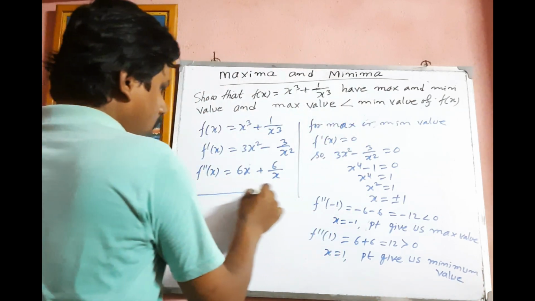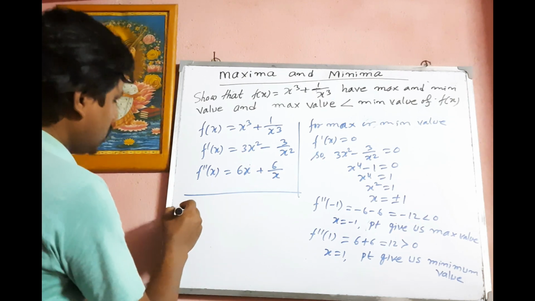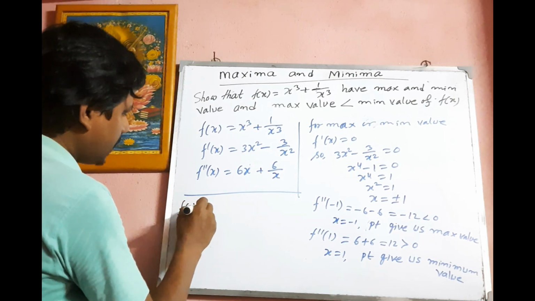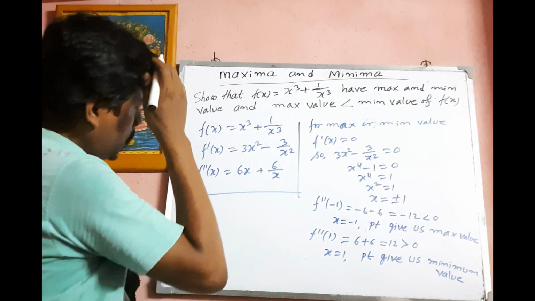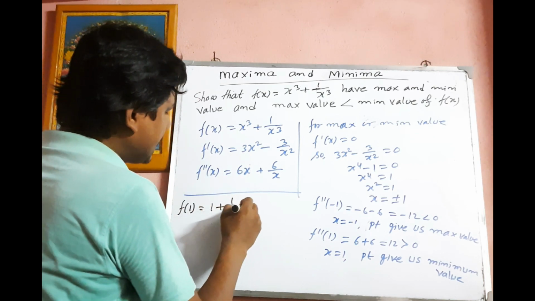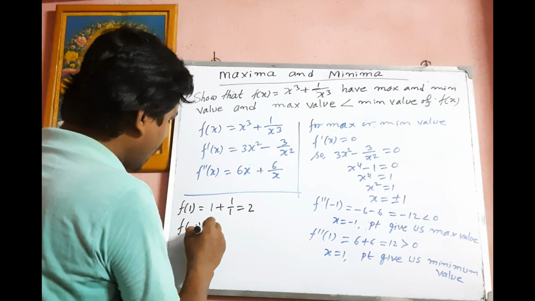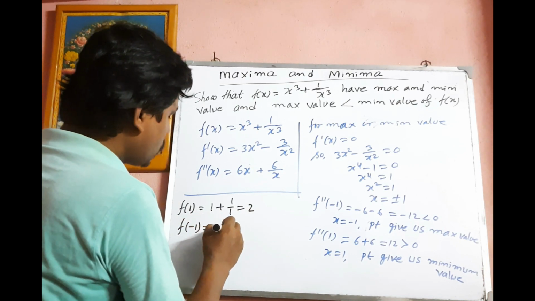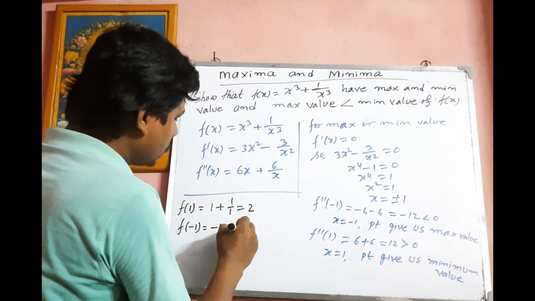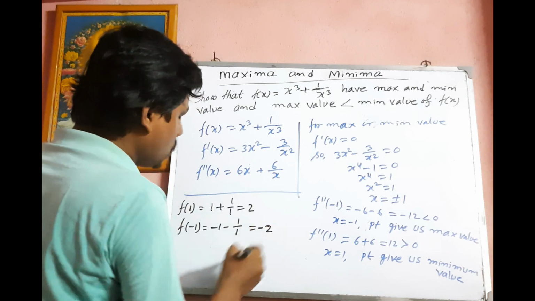Now if we find the max or mean value, then f of 1 is equal to 1 by 1, that is 2, and f of minus 1 is minus 1 plus 1 by minus 1, which is minus 2.